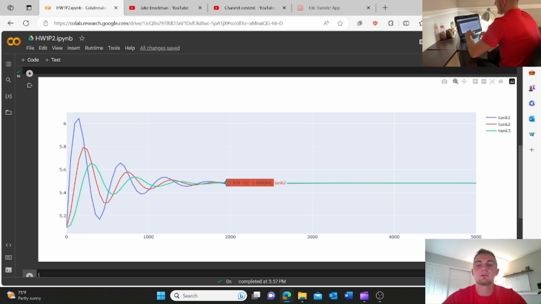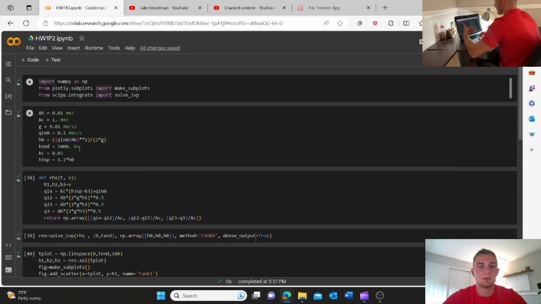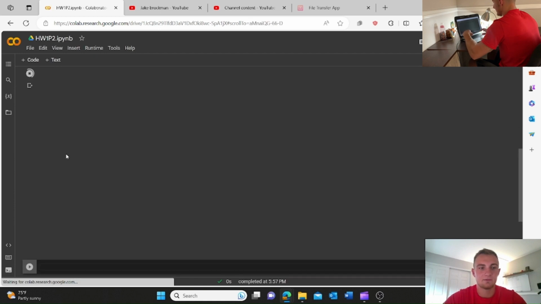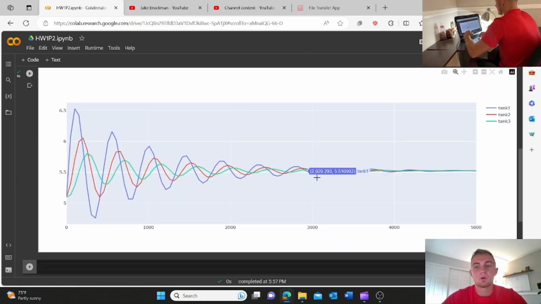So this is not good. We can't reach our set point, and if we want to keep raising it, we're probably going to overshoot our tank. Like if we go to 0.05, we have more oscillations. Now we're getting to 5.25, so closer to our set point. But if our tank is 6 meters tall, this is obviously not good. We can't be overshooting our tank.